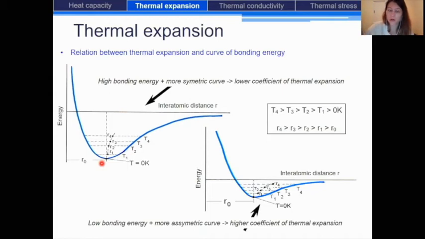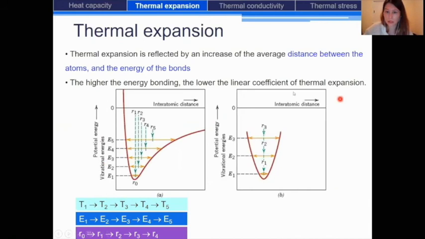So the higher the symmetry, the lower the thermal expansion. So this is the case, as we saw in this slide, the symmetry is high and there is no thermal expansion, even if we have an increase of the vibrational energy of the atoms, but the mean position of these atoms remains the same.